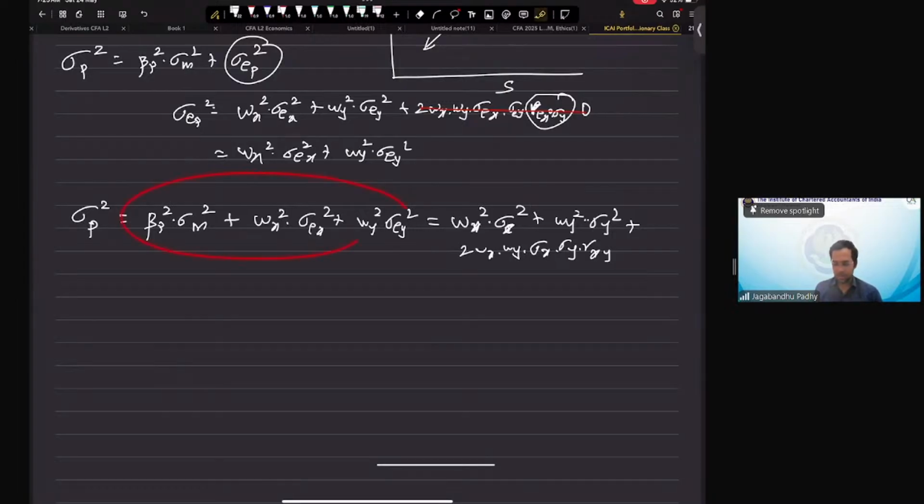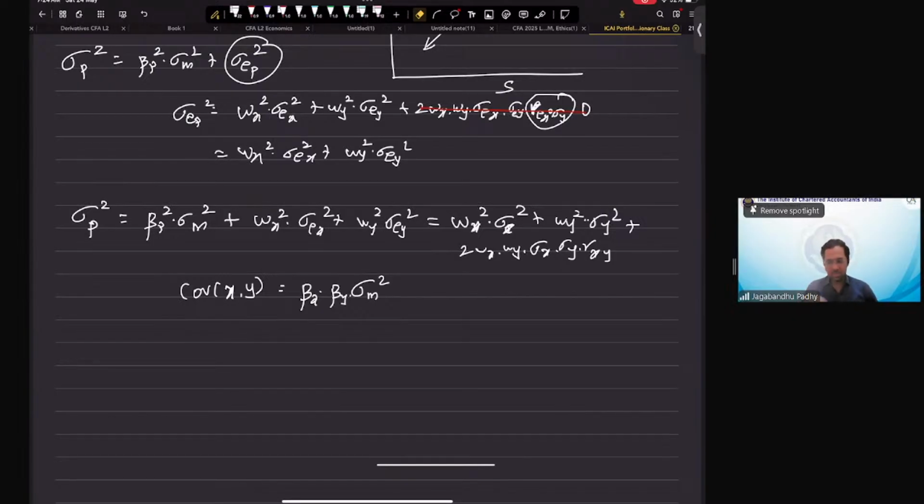When you equate both of these terms, ultimately what we come up with is that the covariance between x and y is beta of x into beta of y, multiplied by the variance of market. Same way, for any other pair you can get it. If it is between x and z, it's going to be beta of x into beta of z into variance of market.